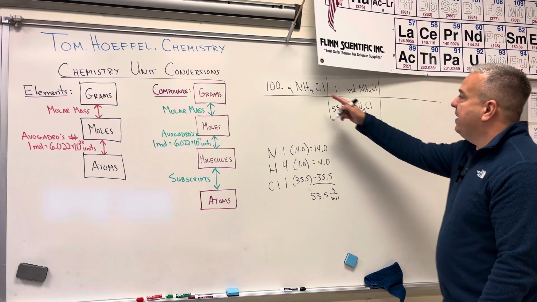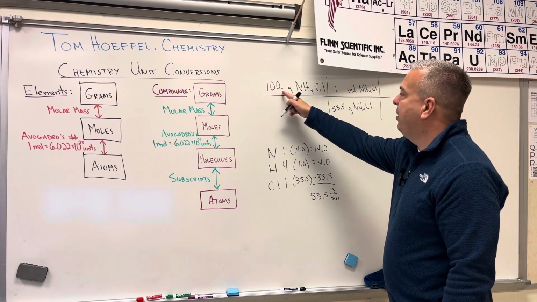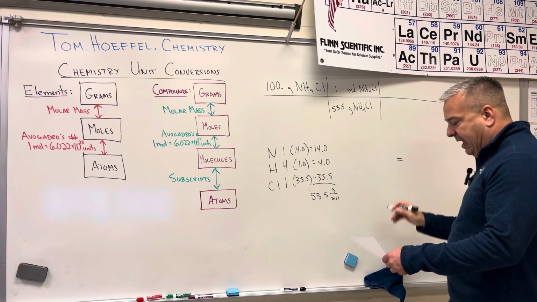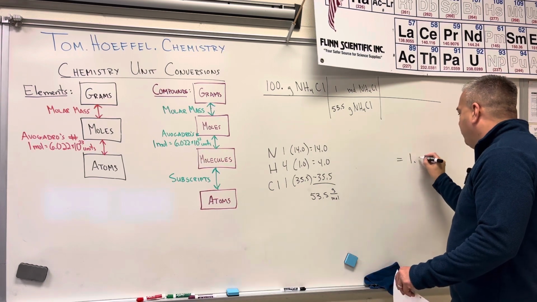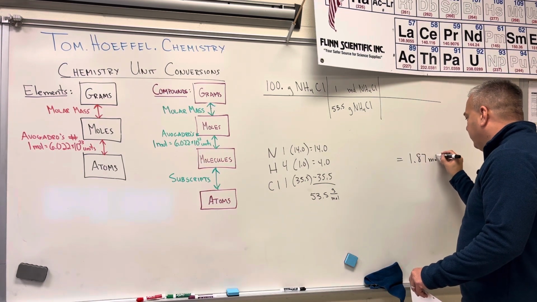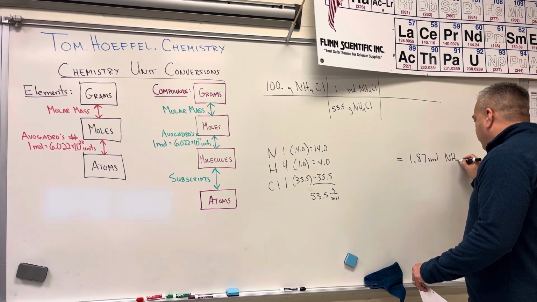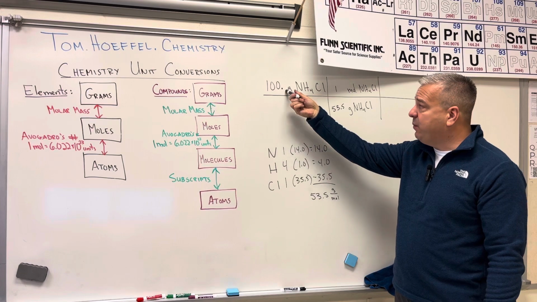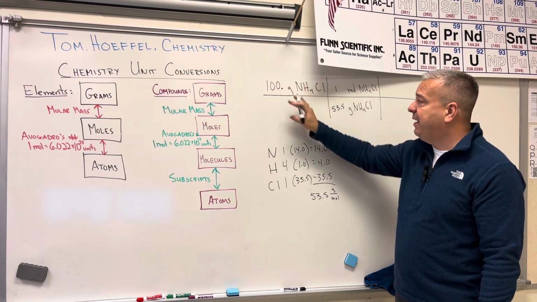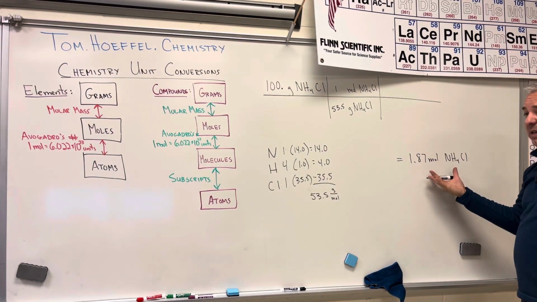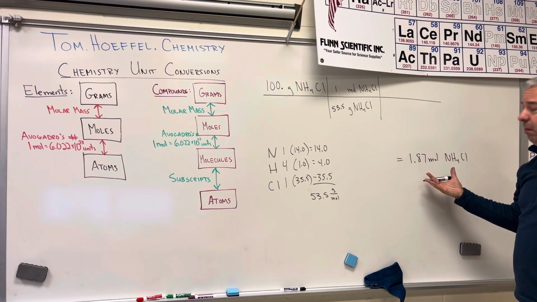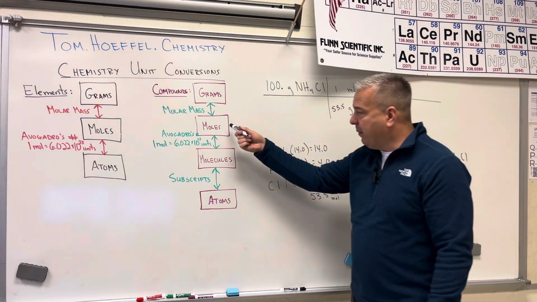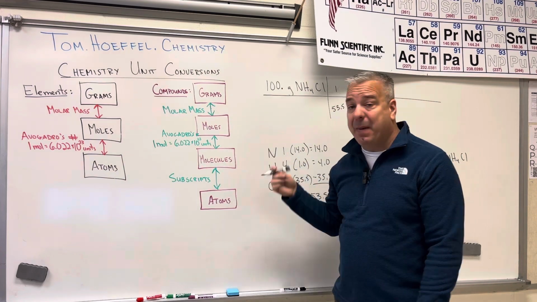Okay, so if I do the math here, 100 grams divided by 53.5, I get an answer of 1.87 moles of ammonium chloride. So these are equivalences, okay? For every 100 grams of ammonium chloride I have, that's the same thing as me saying I have 1.87 moles of ammonium chloride.